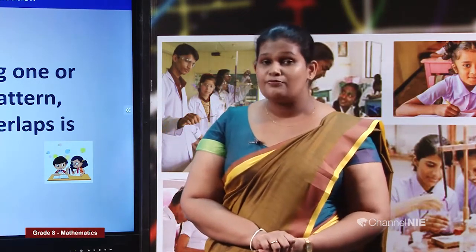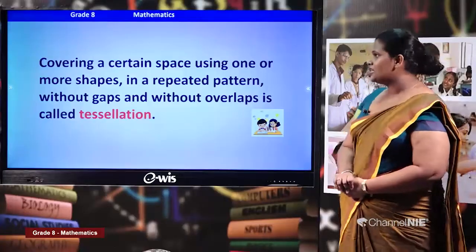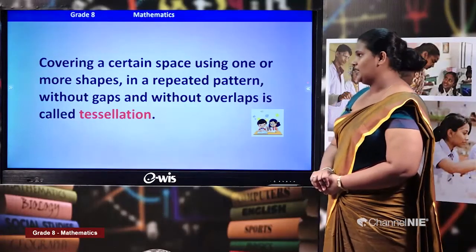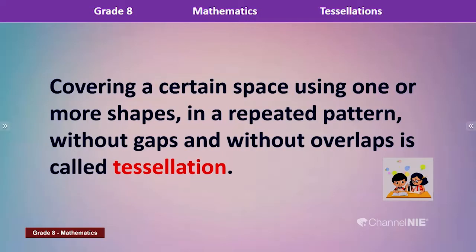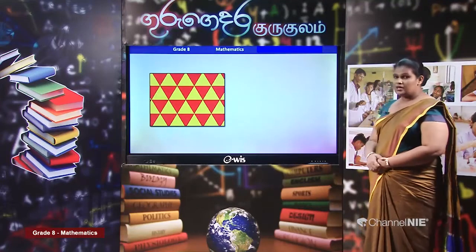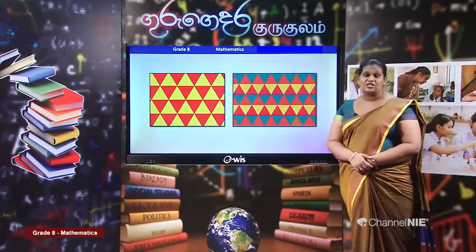So, we can define tessellation as covering a certain space using one or more shapes in a repeated pattern without gaps and without overlaps is called tessellation. I'll say it once again. Covering a certain space using one or more shapes in a repeated pattern without gaps and without overlaps is called tessellation.